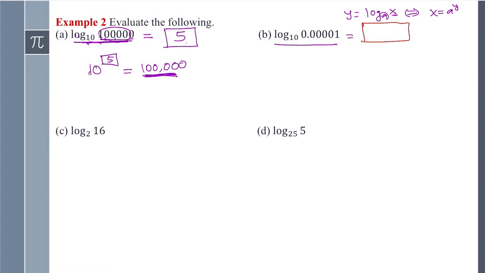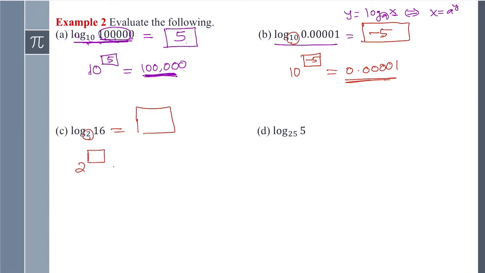This box means 10 raised to some number gives us 0.00001, and we know that 10 raised to negative 5 gives us this number. Now similarly, same thing here. This equals what? Which means 2 raised to what power gives us 16. We know that 2 raised to 4 gives us 16. That means log base 2 of 16 is 4.